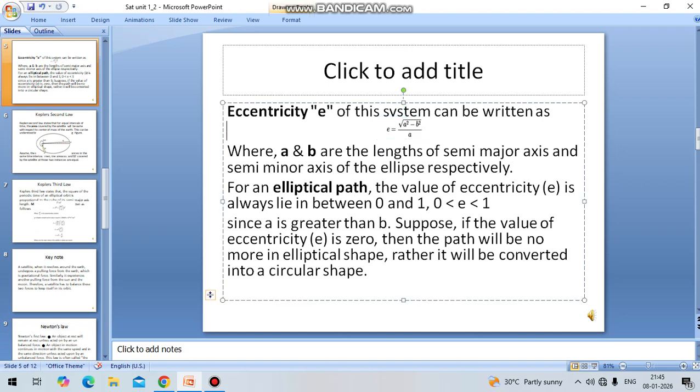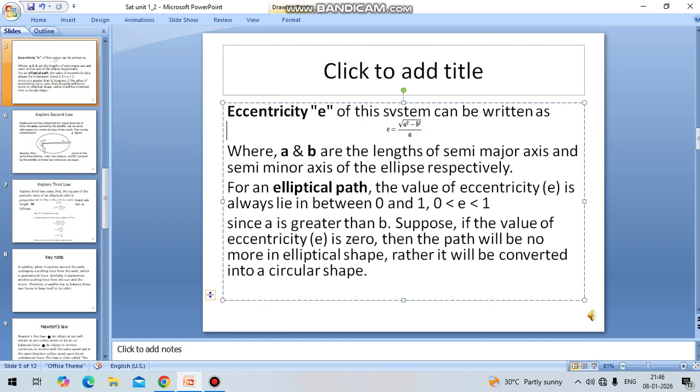From the values of eccentricity, the path of the orbit will vary. For an elliptical orbit, the eccentricity should lie between 0 and 1, and the value of A is greater than B, meaning the semi-major axis is greater than the semi-minor axis.